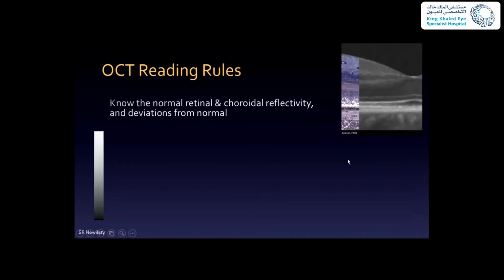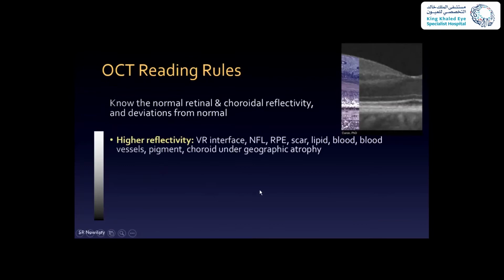So what you need to remember is that in order to be able to read the OCT correctly, you have to know the reflectivity of all these structures, and how they are normally, and what would happen when we deviate from normal. So higher reflectivity, what gives higher reflectivity? The nerve fiber layer, the RPE, we said that before, any scar, any lipid, any blood, vessels, pigment, choroid under geographic atrophy is going to be pretty highly reflective.